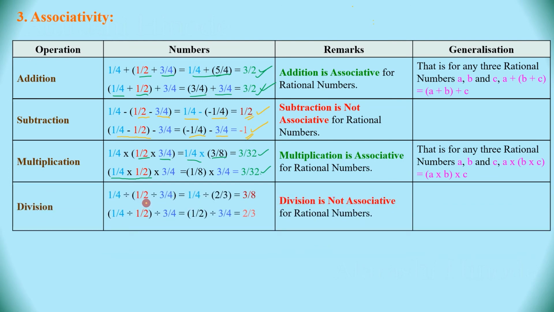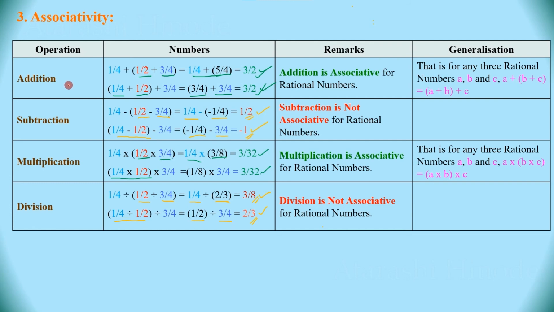And in division, 1 by 2 divided by 3 by 4 is 2 by 3, and 1 by 4 divided by 2 by 3 is 3 by 8. And after changing the grouping for this division, we get 1 by 2, and when it is divided by 3 by 4, here we get 2 by 3. Here the answers are different.